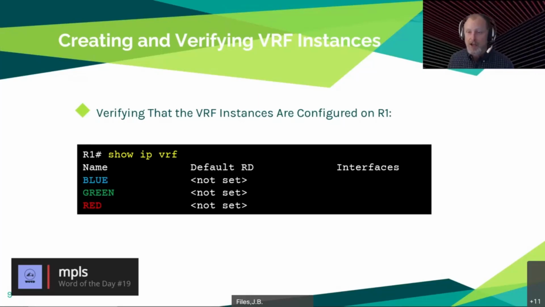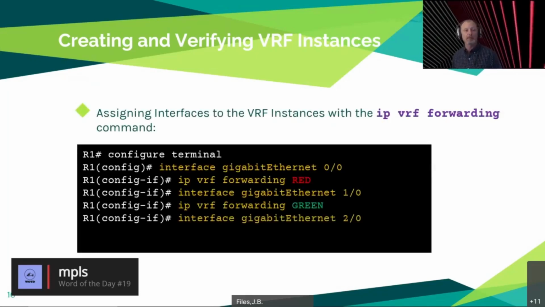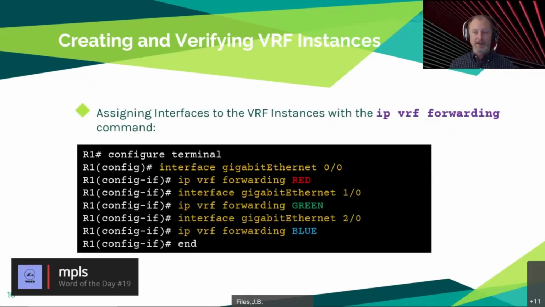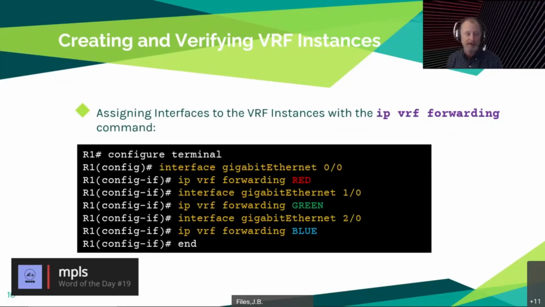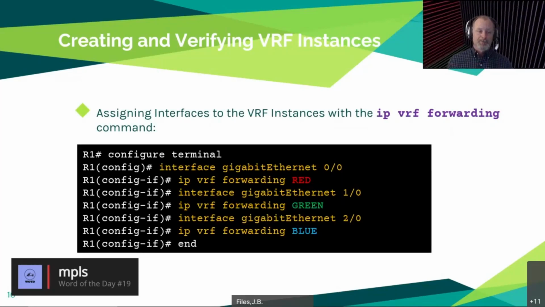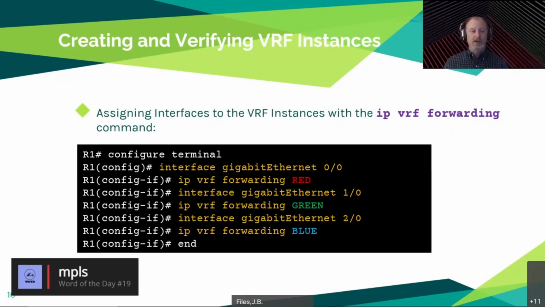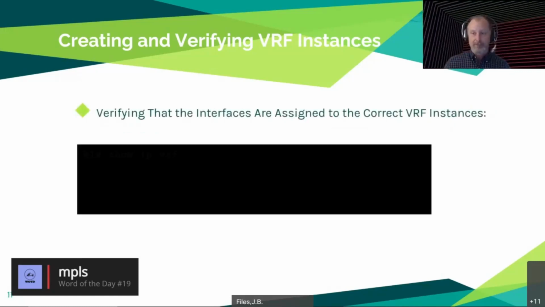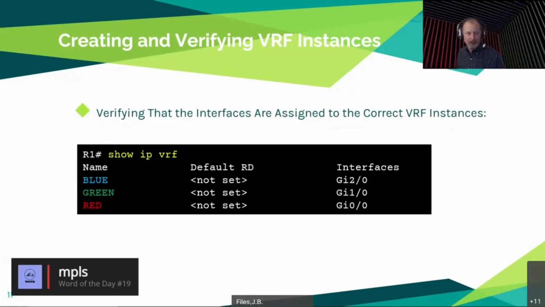Now we're going to assign the interfaces to the appropriate VRFs, the physical interfaces anyway. Don't forget R1 is going to have 3 physical and 3 sub interfaces. We've got the 3 physical interfaces assigned. Let's verify that. This is just like doing a show vlan at layer 2 on a switch.